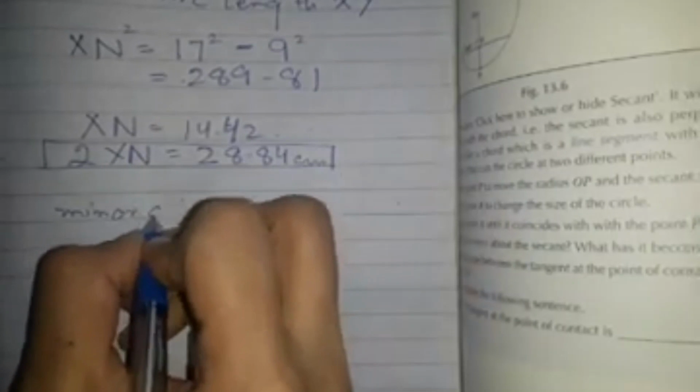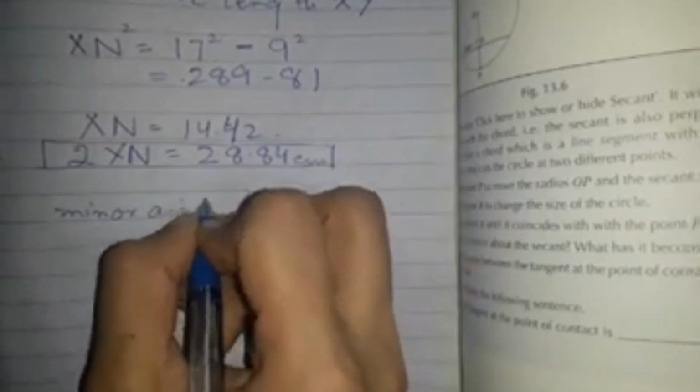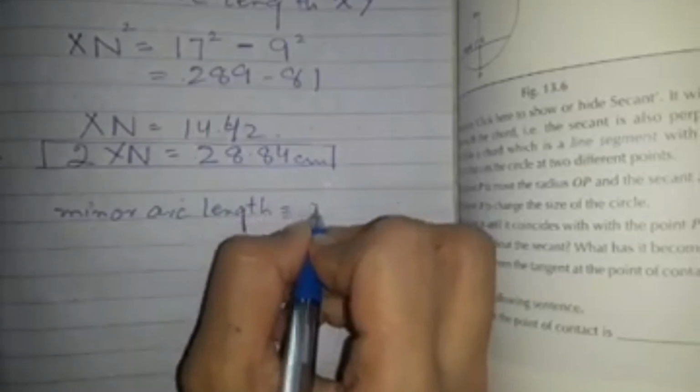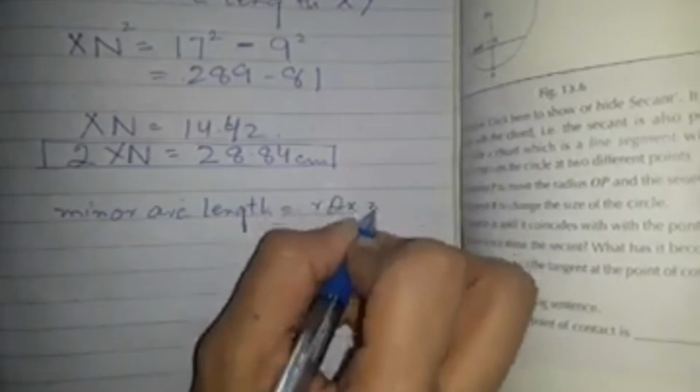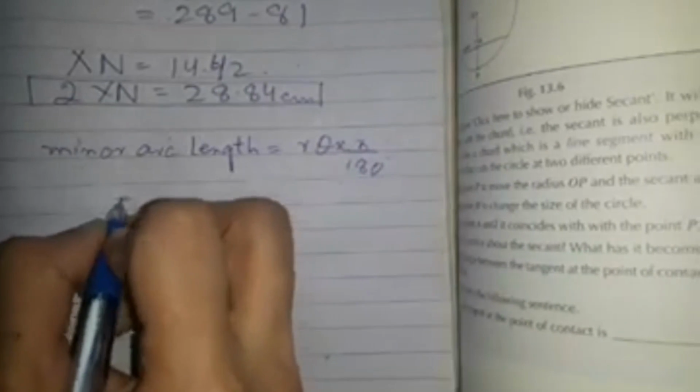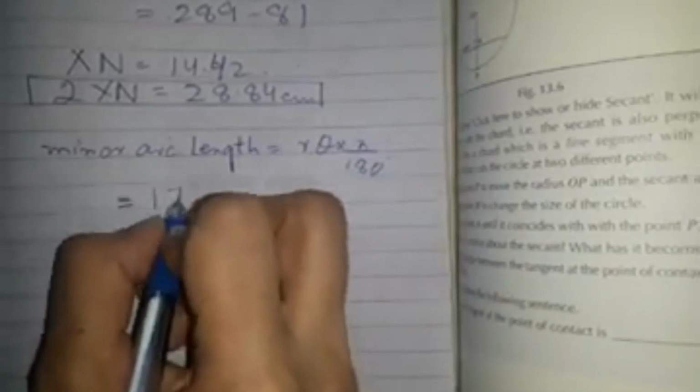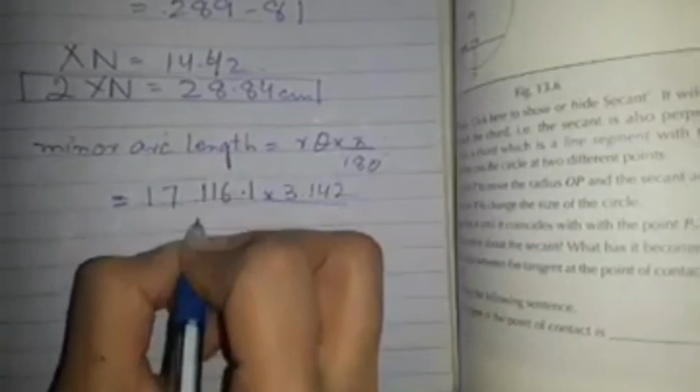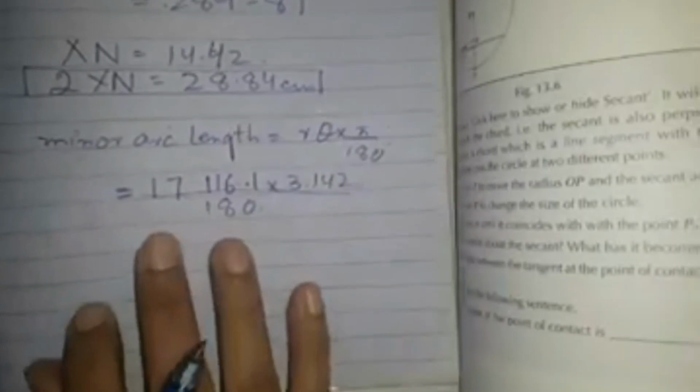Now find out the minor arc length. The arc length is equal to r theta pi upon 180 degree. So r is 17, theta is 116.1, into 3.142 upon 180.